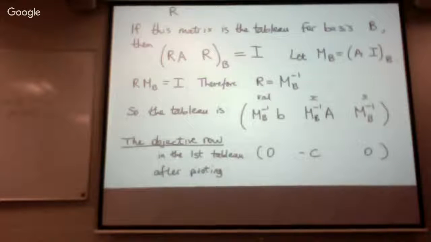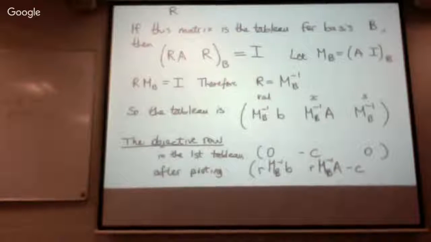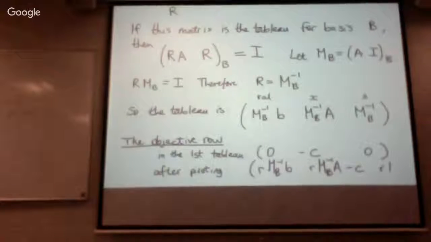So what we'll have is here there will be some R times NB inverse times B. And here we'll have the same R times NB inverse A minus C. And here we'll have the same R and the inverse.